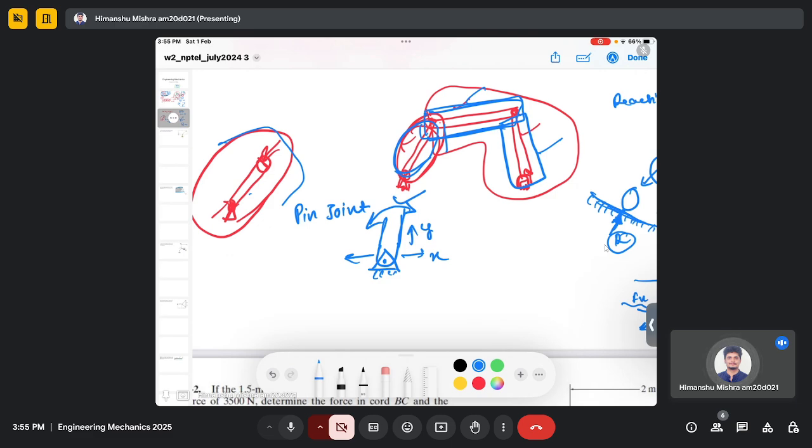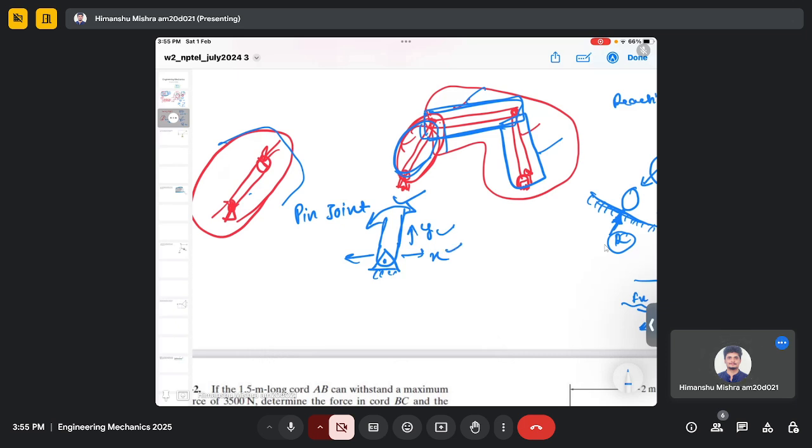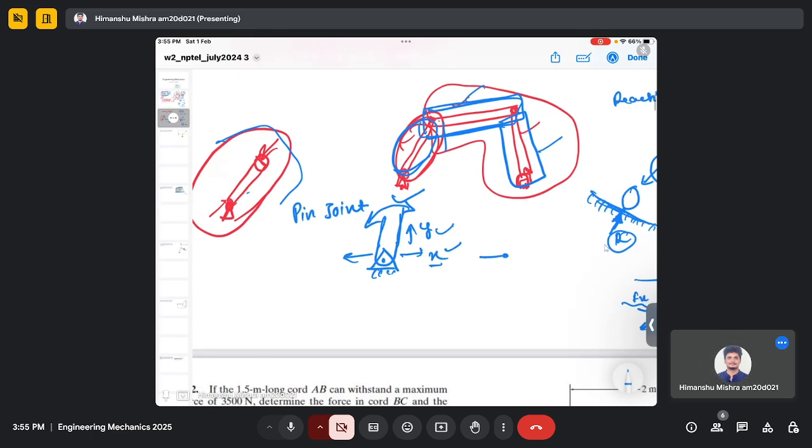So its motion is constrained in translation, which means that there are reaction forces acting in x and y direction, but it can rotate either in anti-clockwise direction or in clockwise direction.